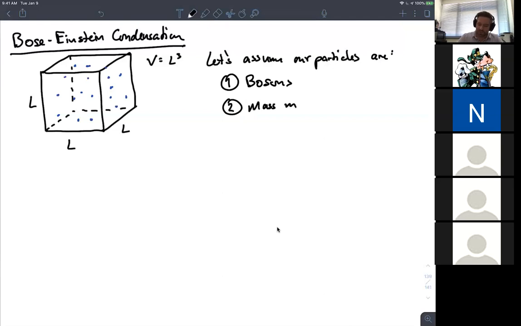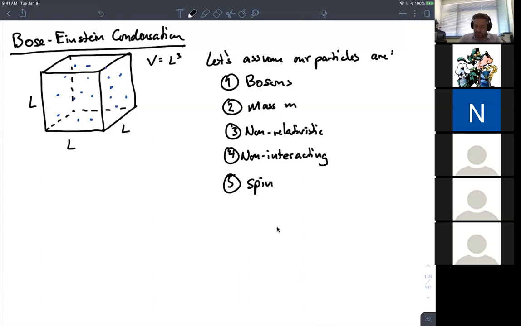Okay, we are going to assume that they are non-relativistic. And that allows us to employ the Schrodinger equation and the wave function solutions of the Schrodinger equation. As before, they are also non-interacting. So it's an ideal quantum gas. And last but not least, they are spin zero.